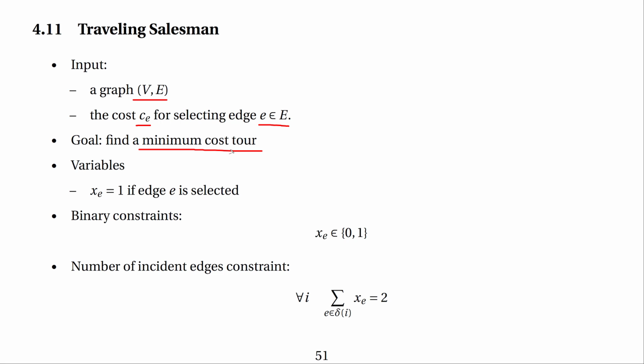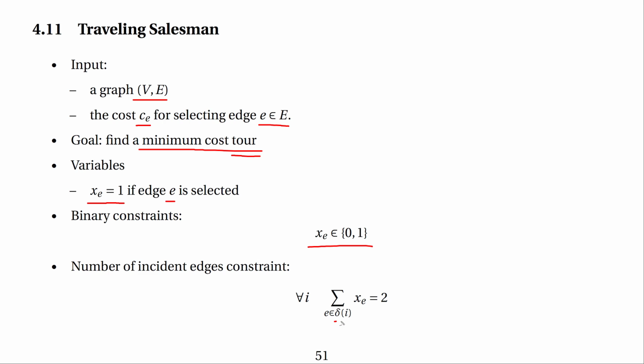As there are multiple versions, we would like to clarify that a tour is a path through the graph that has the same starting and end point. As variables, we have xe equals 1 if edge E is selected, and we have as many variables as there are edges in the graph. All variables need to be binary, so xe has to be an element of the set {0, 1}.